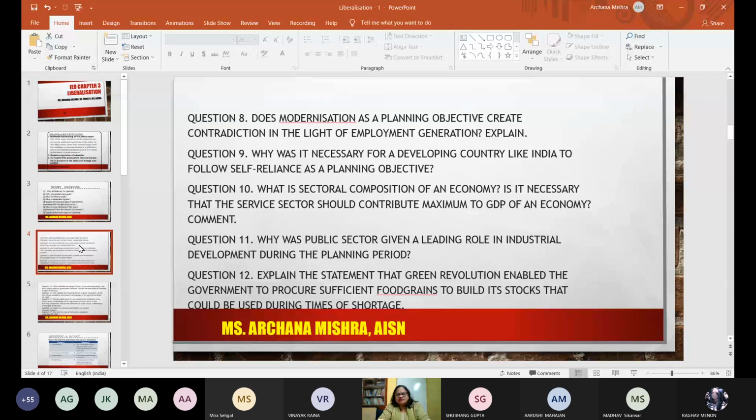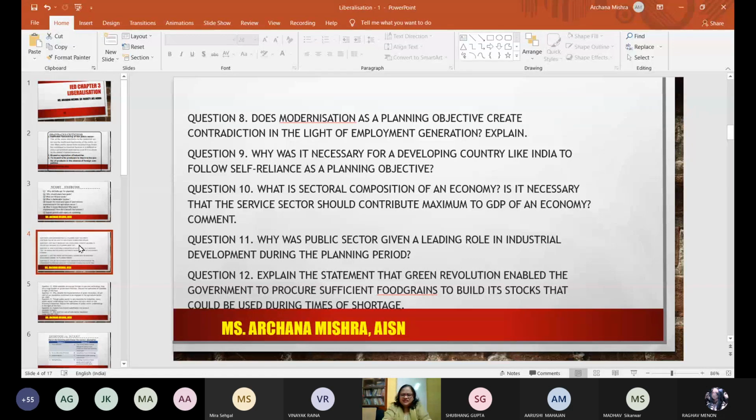And they were not ready to go to backward areas to set up industries because they were profit oriented. To develop the backward regions and given the capital required, the public sector was more suited, and therefore, with the aim of a socialistic pattern of society, it was given an upper hand.